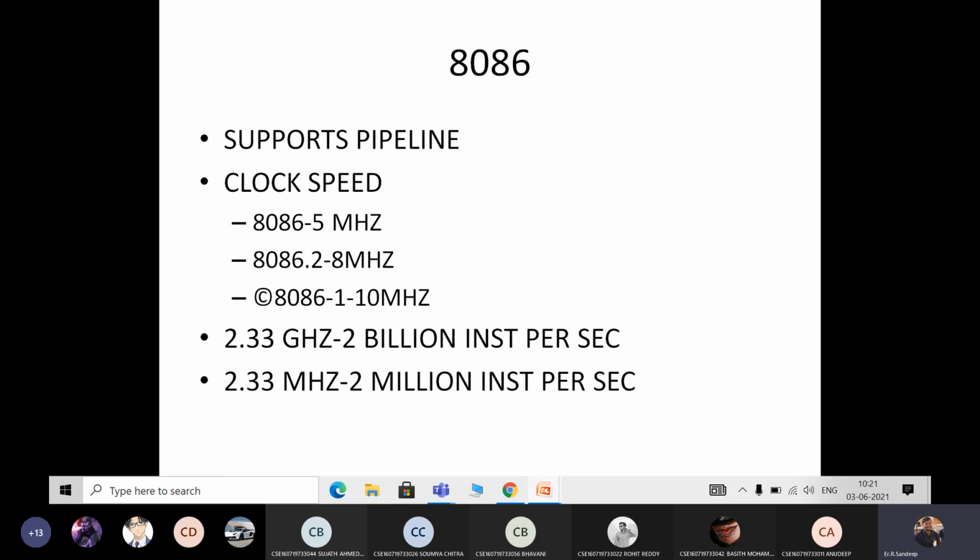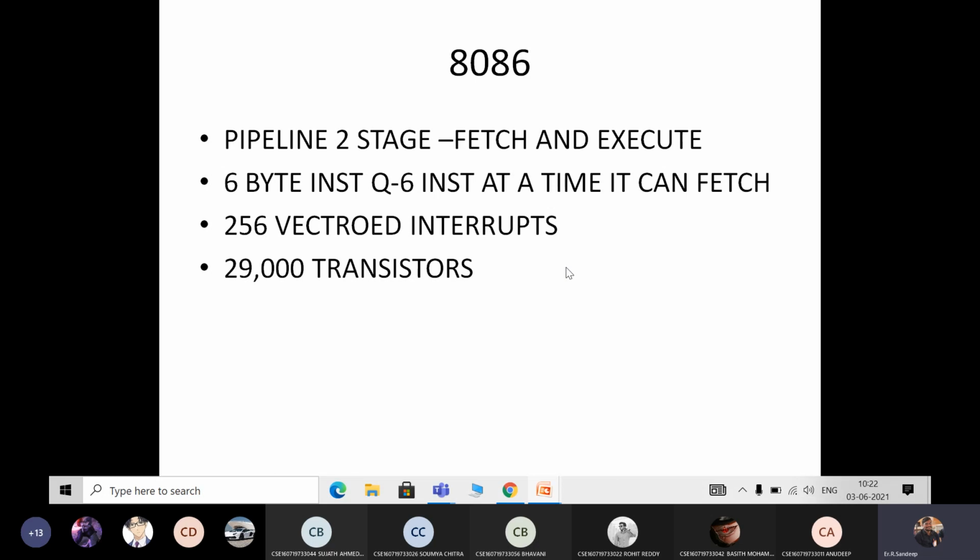The first one is 8086, the second will be operated with 8 megahertz and the third will be operated with 10 megahertz.